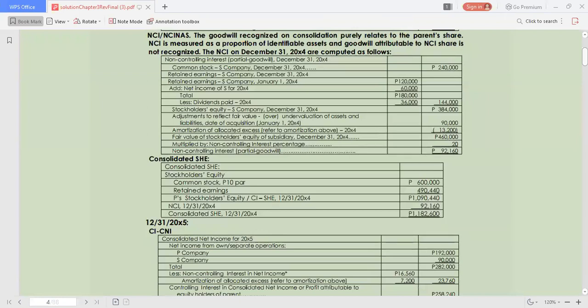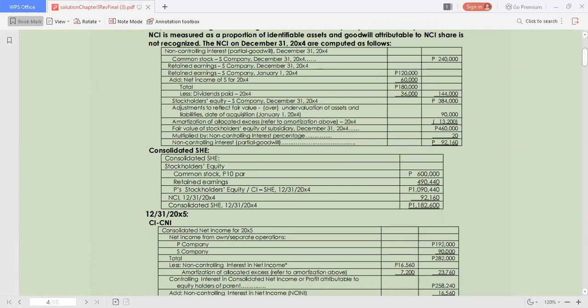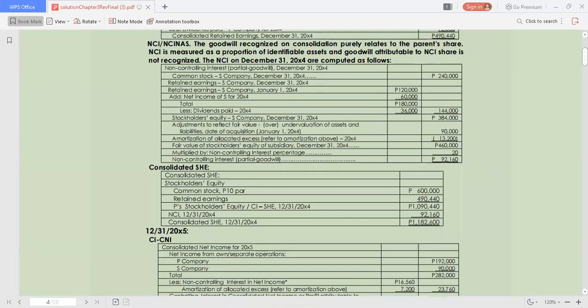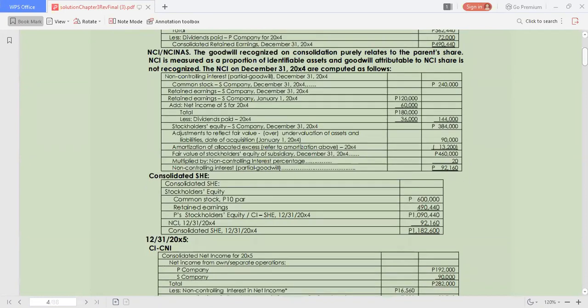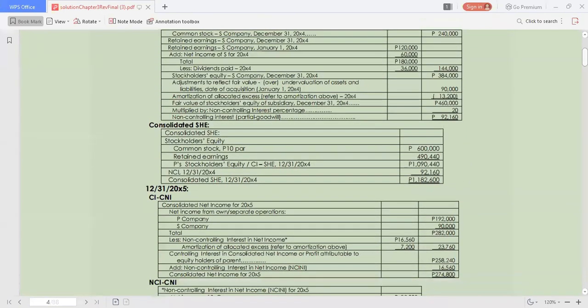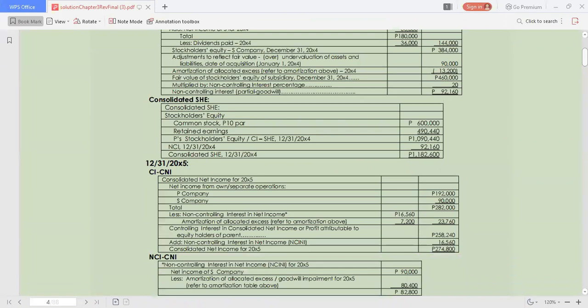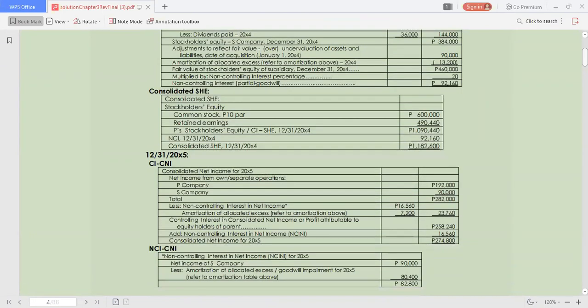Then for this consolidated stockholders' equity, that of the parent, and we add the retained earnings as computed above. It's 490,440, and we deduct the non-controlling interest of 92,160. Then we have the consolidated stockholders' equity of 1,182,600.